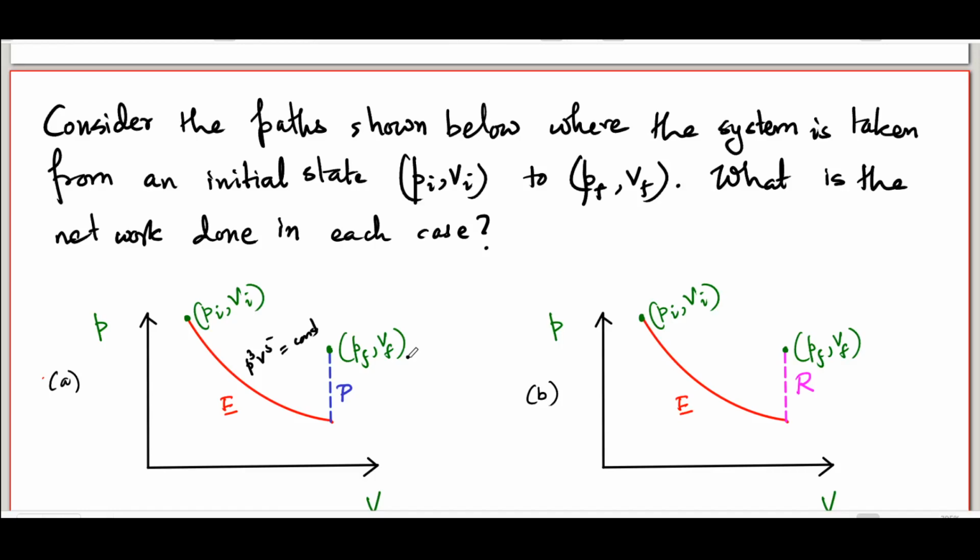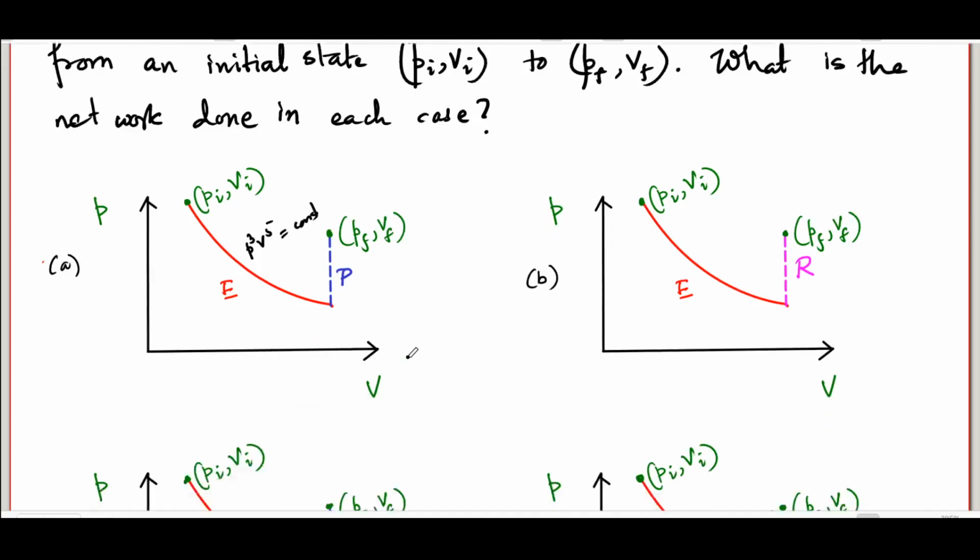For the propeller churning or for current flowing through a resistor, you can't really think of the system as a quasi-static one. So you should not really be drawing a solid line which would indicate that all the equilibrium states on the path are really being visited there.